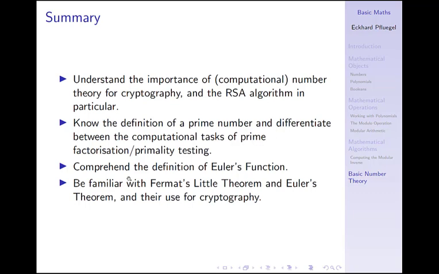As you have seen, there is modular arithmetic involved, and that's going to be one of the key ingredients for building and constructing keys for the RSA public key encryption algorithm. Furthermore, you've seen what prime numbers are, and the difference between factorizing them, which is difficult, and testing whether they are prime, which is easier on the computer.